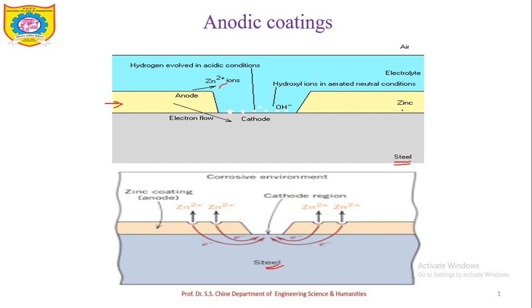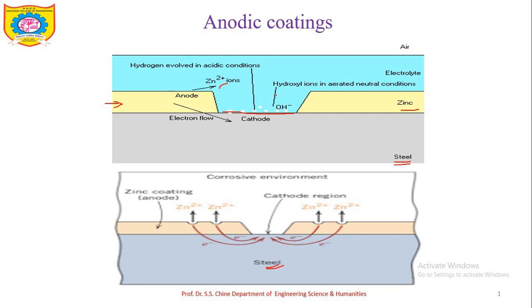You can see here, its name is given. Now, when this coating is uniform, then there is no problem of the formation of galvanic cell or corrosion of base metal. Now consider this much part of this steel plate is exposed to the atmosphere. Means this zinc coating is ruptured.